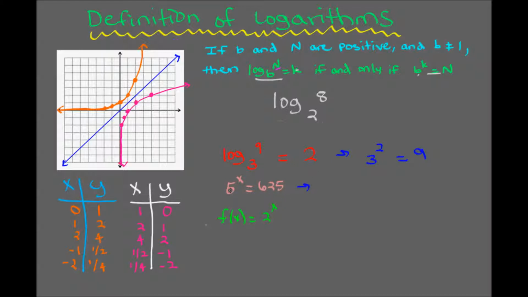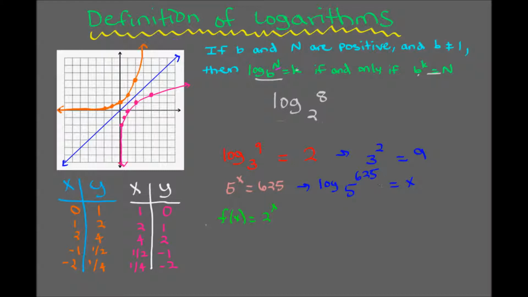So b for base, b for bottom, log base b of 625 is equal to x. This is how we isolate the variable when we solve exponential equations. You turn it into a log and then solve the log. We'll talk about solving logs in a future video, but for now just keep it in the back of your mind. All you need to know is we're converting from the exponential form to the log form.